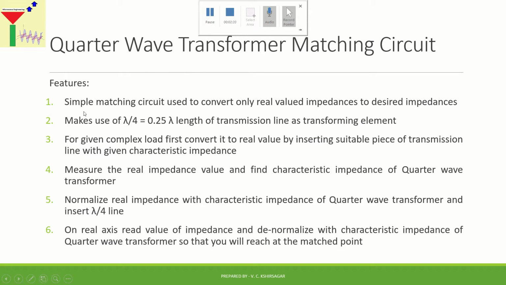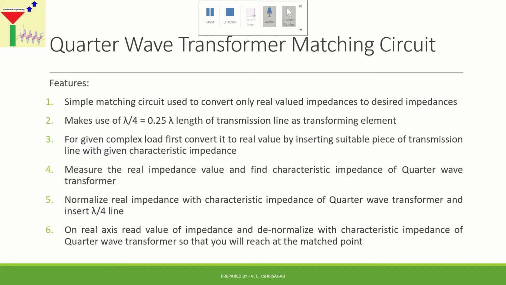Let us see the procedure to implement this type of matching circuit. In the third step, we are going to discuss how to implement the quarter wave transformer matching circuit in order to match the given value of load impedance. First of all, if we have been given a complex load impedance, we need to first convert it.